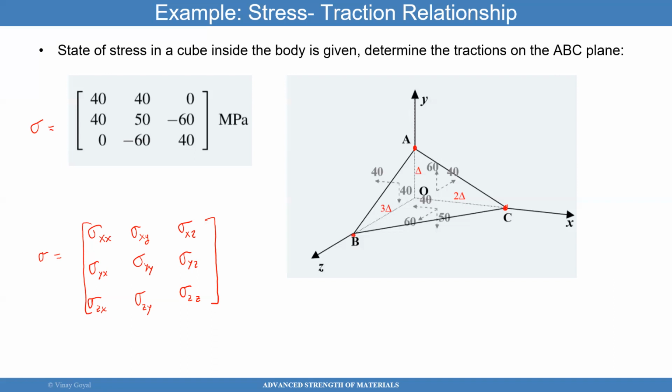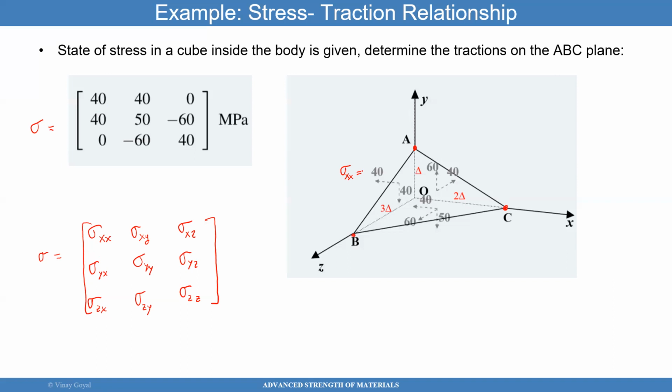So sigma xx is 40. You can see that there is 40, and that makes total sense because this right here is 40. That's perpendicular to that surface AOB, right? It's acting on the X face and in the X direction.